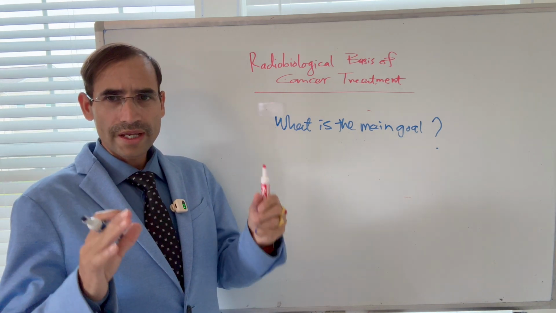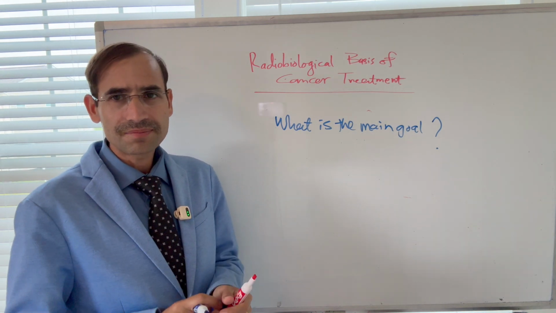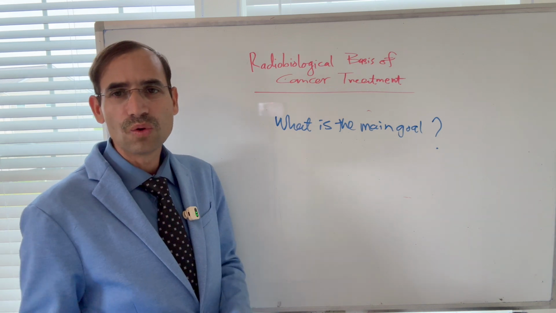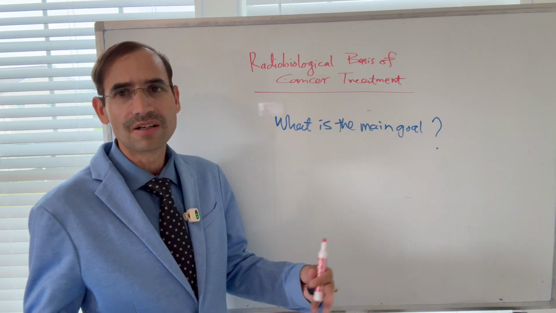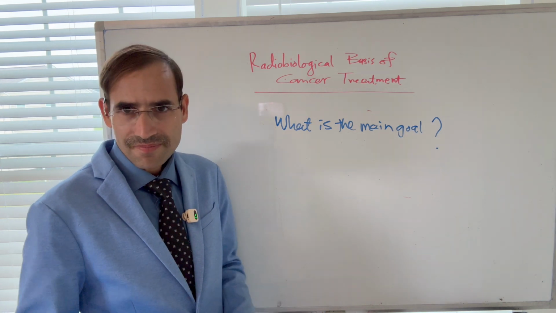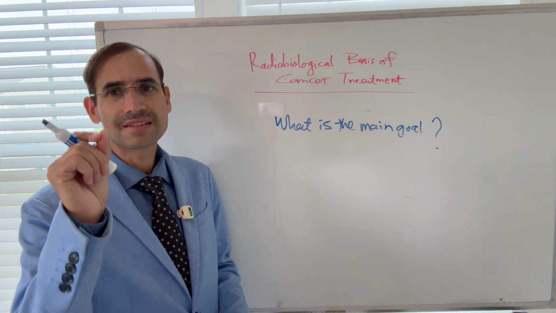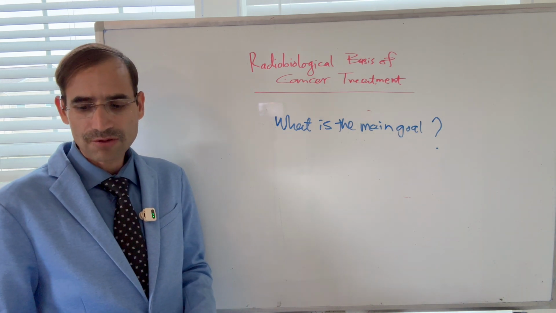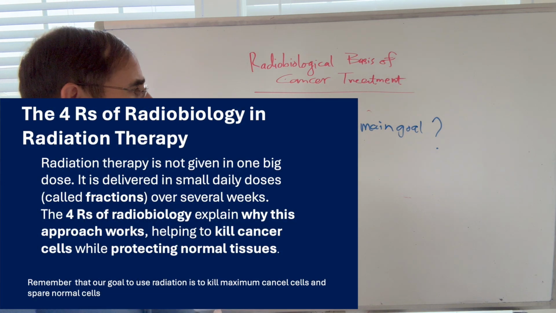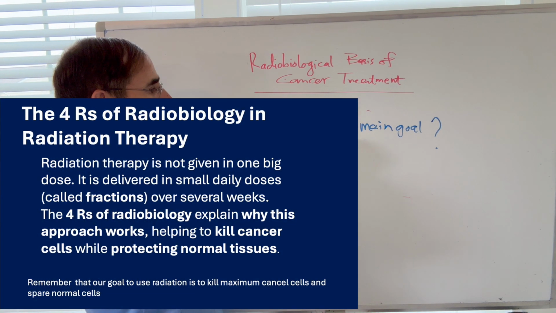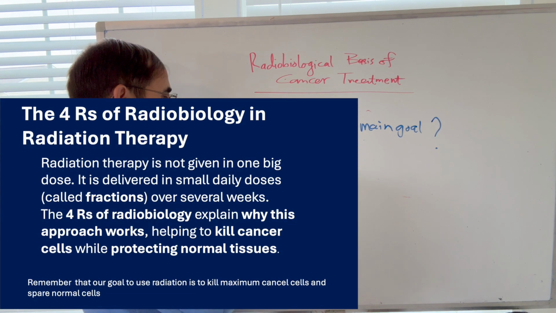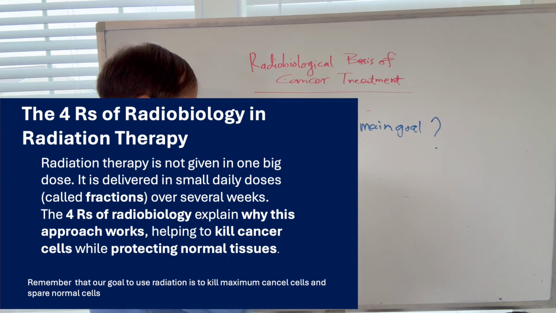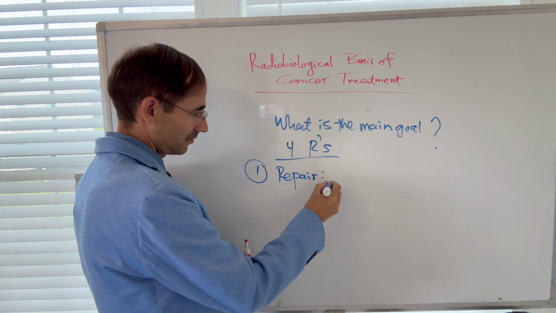When we use radiation to treat cancer, your radiation oncologist and their team take the 4 Rs into consideration, which we call the 4 Rs of radiobiology. The first one is repair.